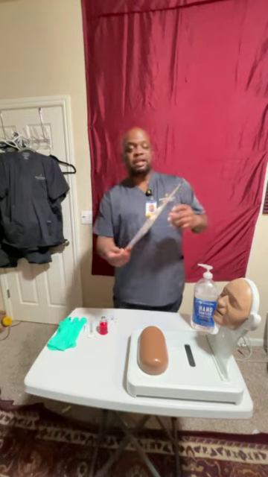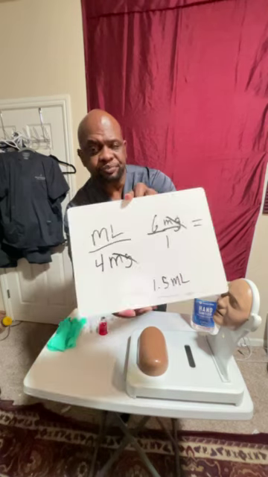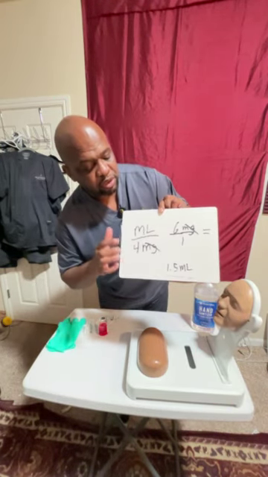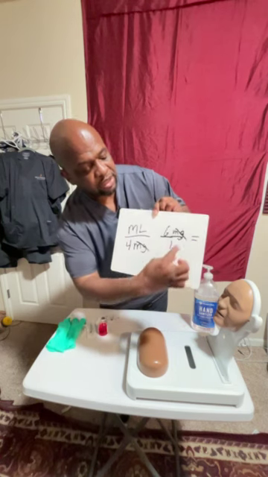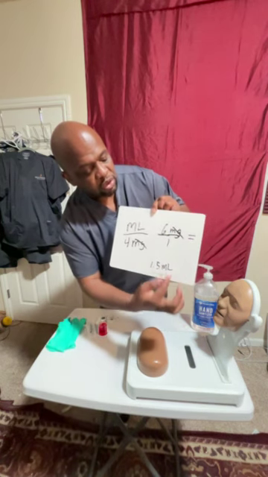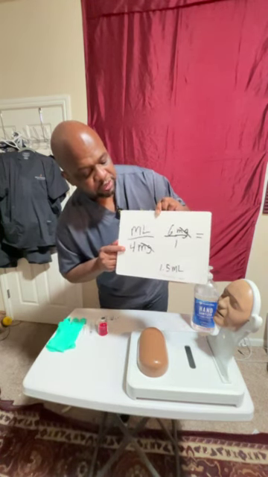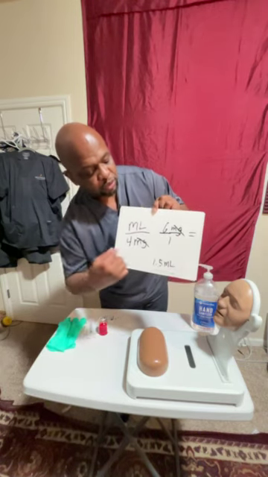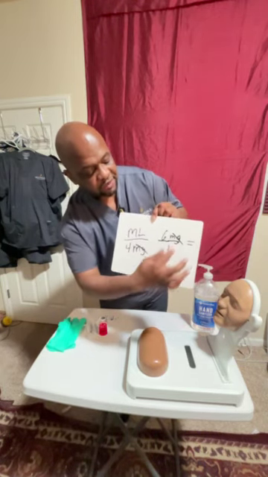My dimensional analysis is here. It is ml over 4 milligrams, and then 6 milligrams over 1. The 4 milligrams is what I have on hand, and the 6 milligrams is the doctor's order. I'm just going to cross multiply and then divide.